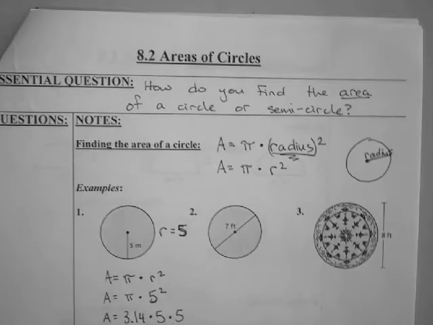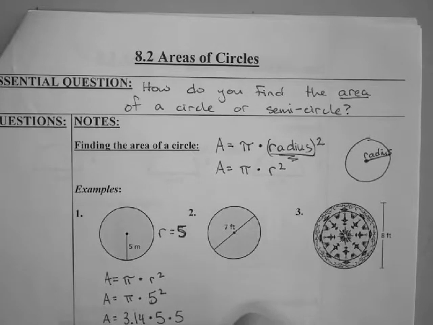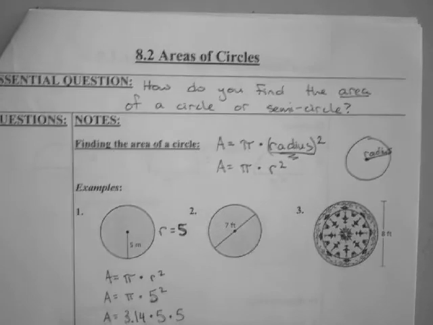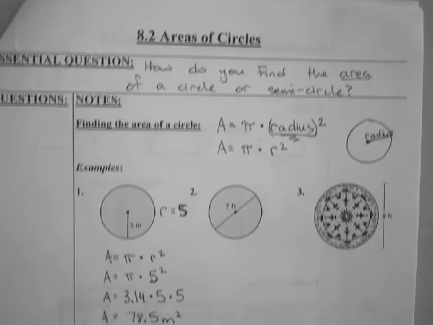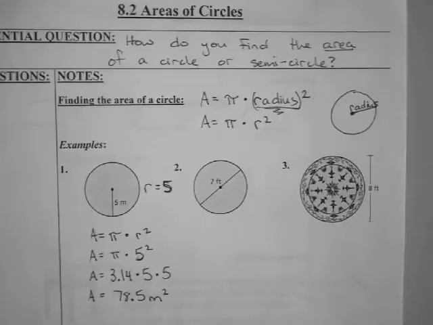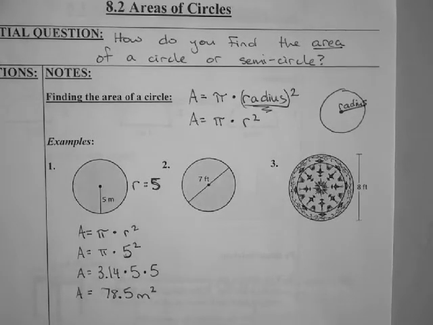So now we plug into our calculator, 3.14 times 5 times 5 equals 78.5, and since it's area, we're going to use meters squared.